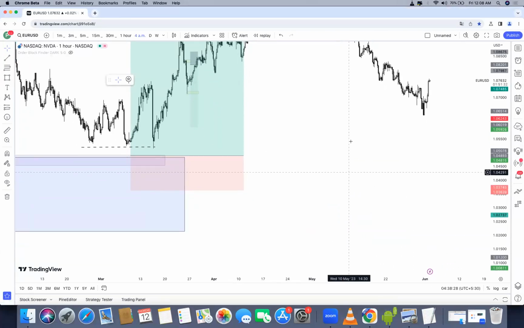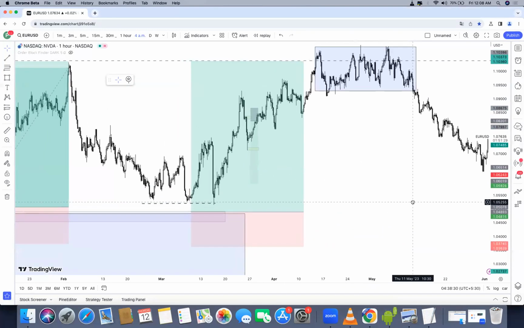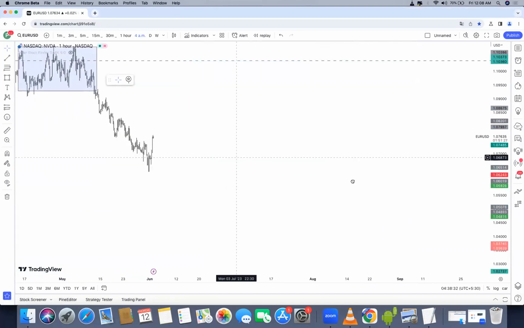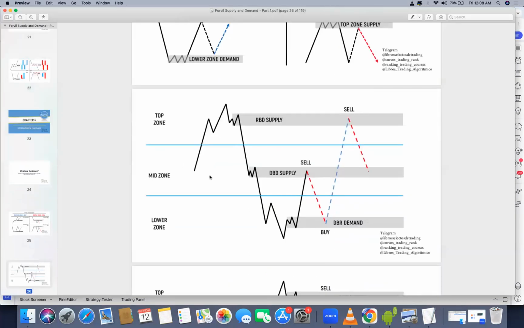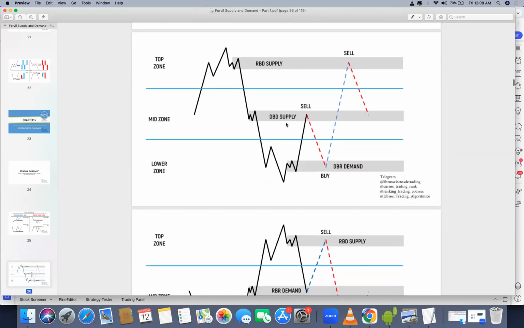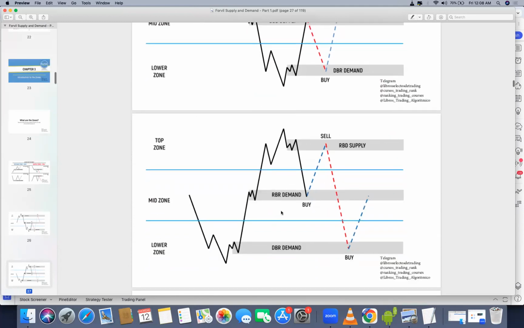But in the market there's sometimes a mid zone which happens in the middle. This is the top zone, this is the lower zone, and this is the mid zone. It does happen sometimes in the market where we have zones between all this, and yes, you can actually take a trade in the mid zone. All right, but let's explain it.